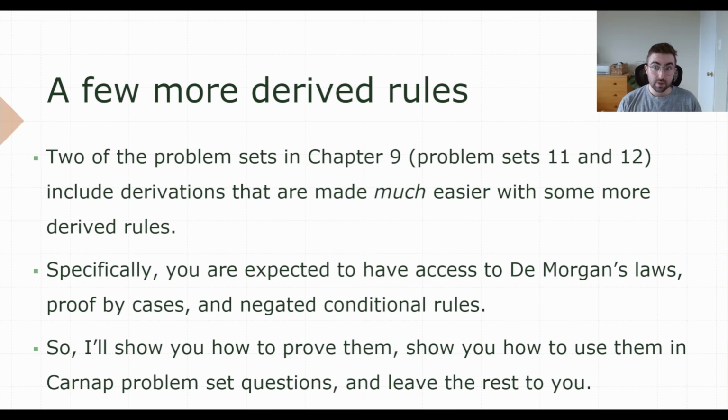So specifically to do these derivations, you're expected to have access to the different versions of De Morgan's laws, proof by cases, and negated conditional. And I'll show you what those all are. Normally you have to prove them on your own Carnap account, like we did a few weeks ago for derived rules, and then you can deploy them in the problem sets.